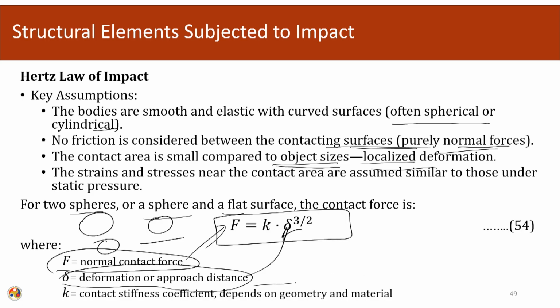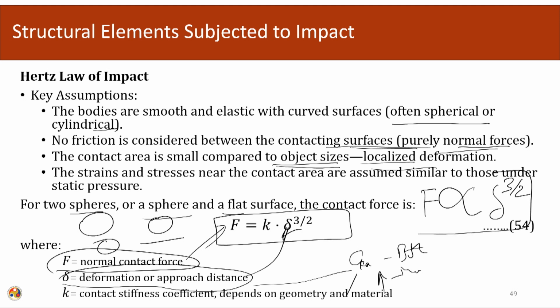It depends upon the geometry of both the materials and the material properties of both the surfaces. Basically, the contact force is proportional to the deformation raised to the power 1.5, or 3/2. This is a power law known as the Hertz law of impact.